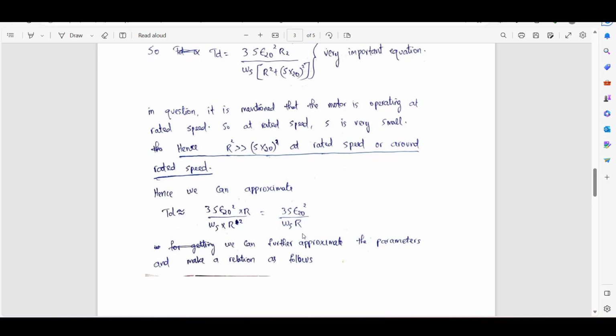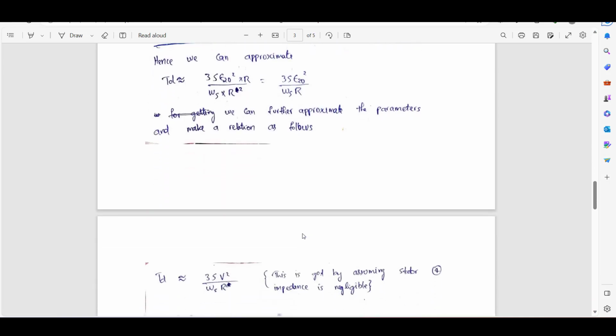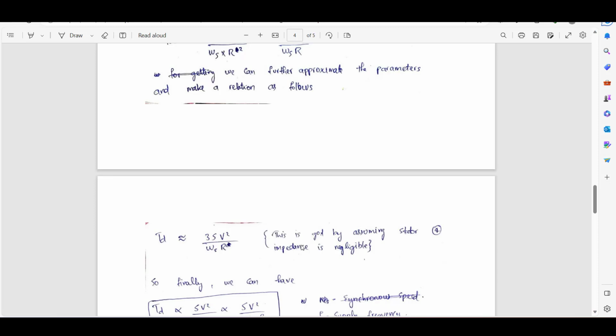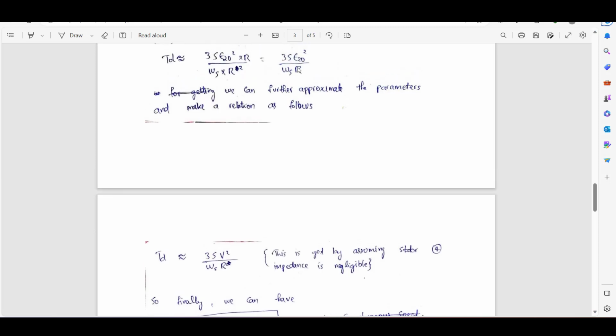Now we can have further approximations here. If you are neglecting the stator impedances, this E2 of 0 can be approximated as the supply voltage.